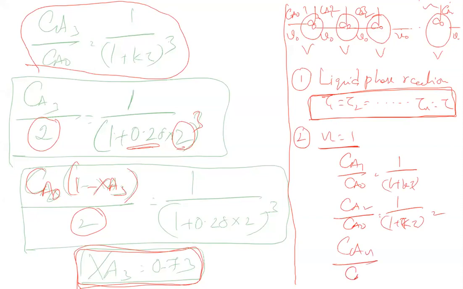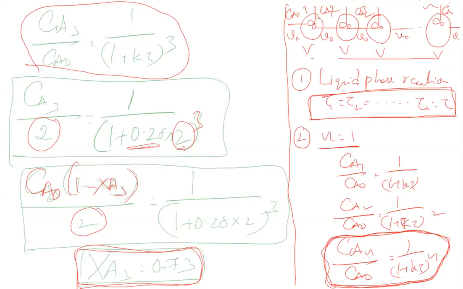Similarly, Can by Ca0 equals 1 by (1 plus k tau) whole power n. This is the final equation if you have n CSTRs in series. But remember, this shortcut is applicable only for equal volume CSTRs, liquid phase reaction, and for a first order reaction.